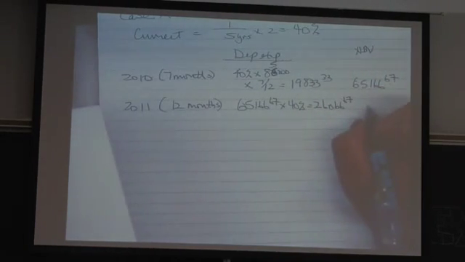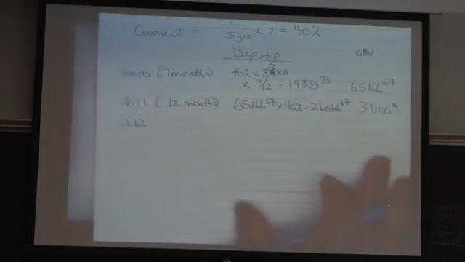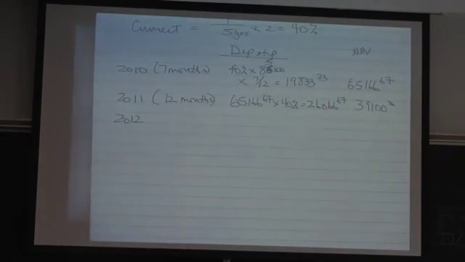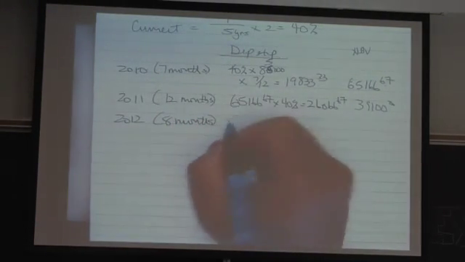066.67. Net book value would be 39,100. Now for 2012, there was a change, and that change happened on September 1st. So there are only 8 months from the old method, right?